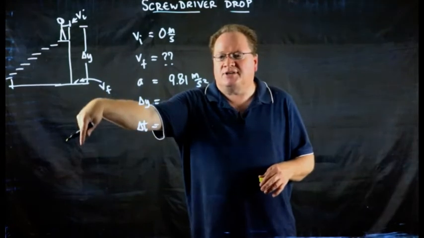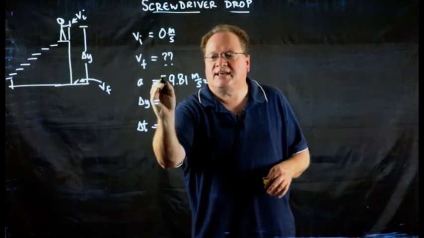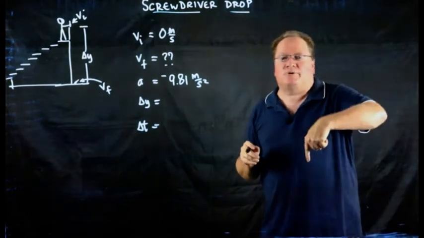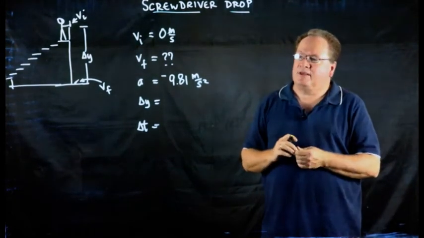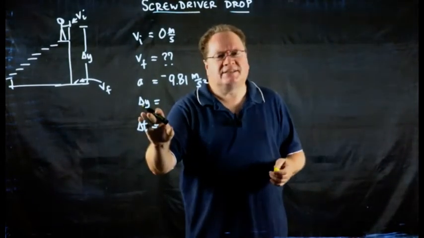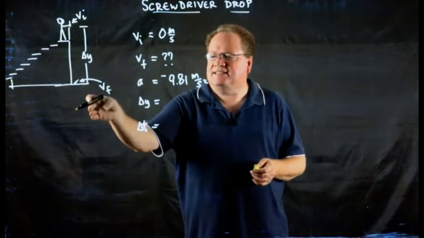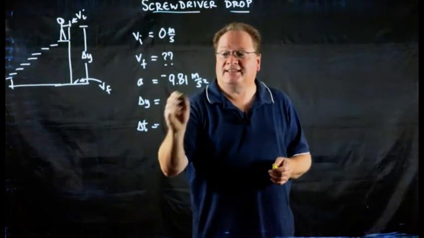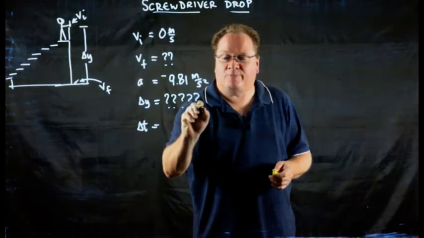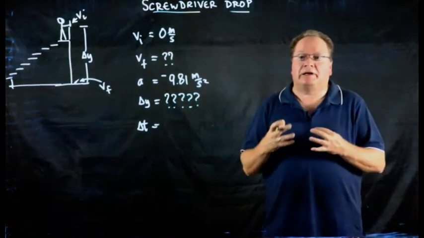That acceleration is always downward, so I'm going to say that it's negative, because downward motion is negative. Anything that moves up then has to be positive. Do I know what delta y is, what that distance is? I don't. If I'm trying to figure out how tall they are, that's my big unknown. That's what I really want to know.